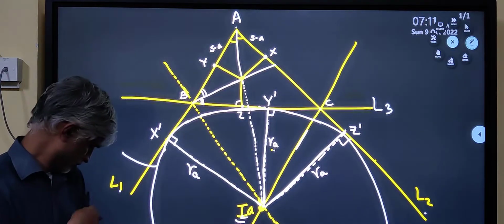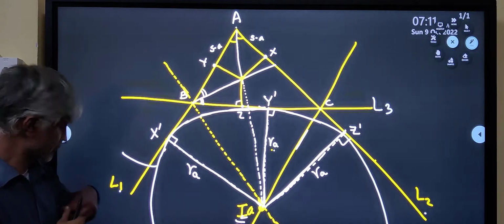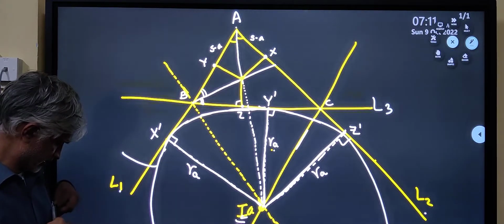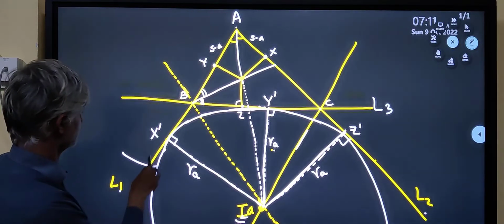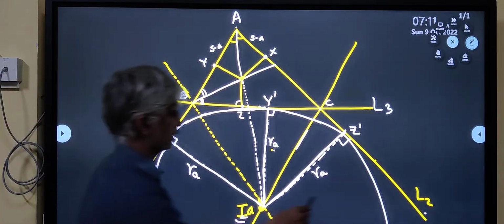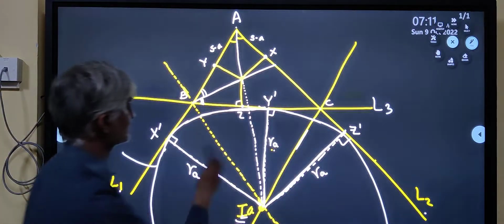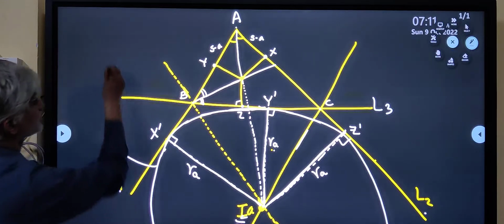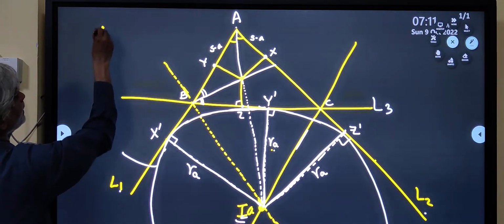I first want you to notice that line L1 and line L2 being tangent to the circle, I just want to write it here.